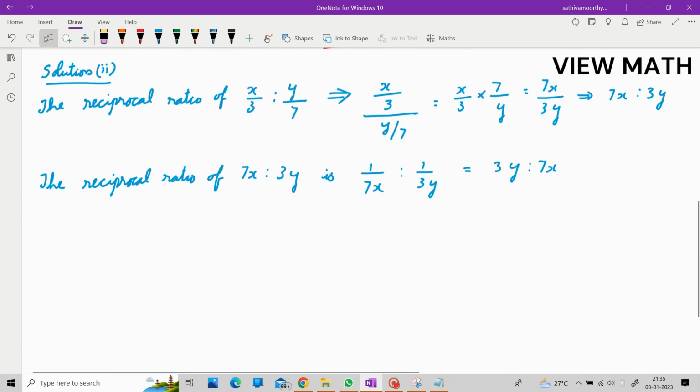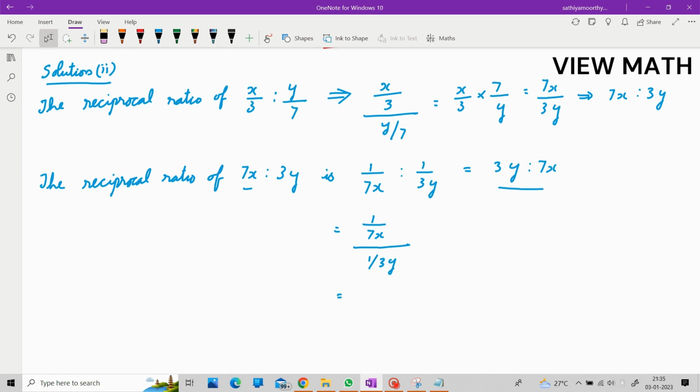Here also 1/7x, just the reciprocal of 7x is 1/7x and 3y is 1/3y. Now directly you can write this, or let me explain how you are getting this. Now 1/7x is to 1/3y can be written as 1/7x divided by 1/3y.